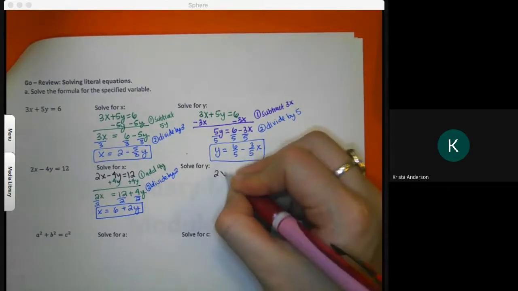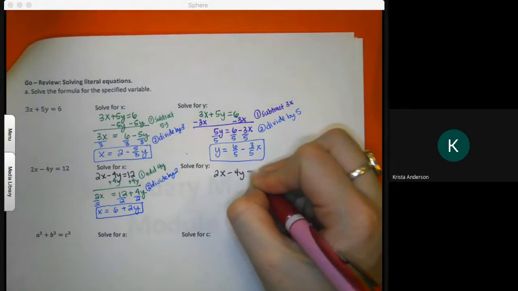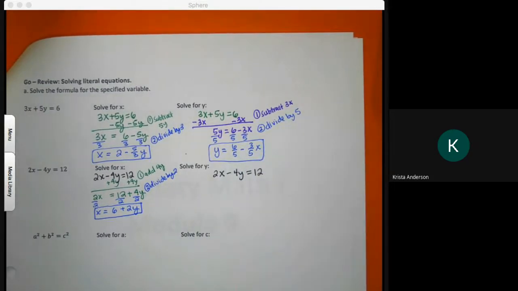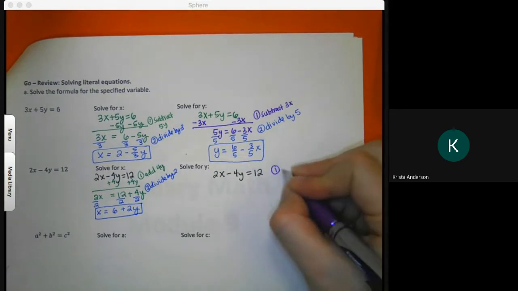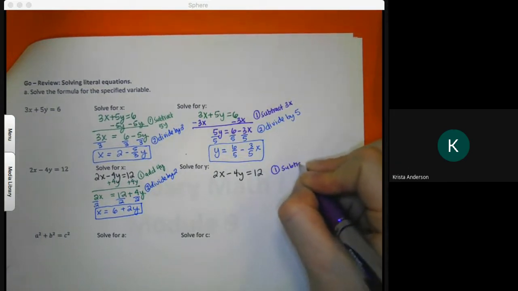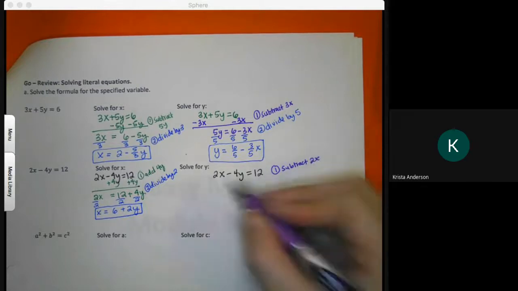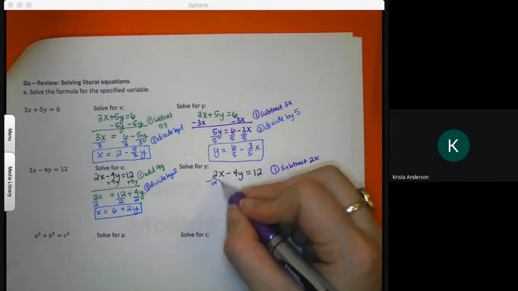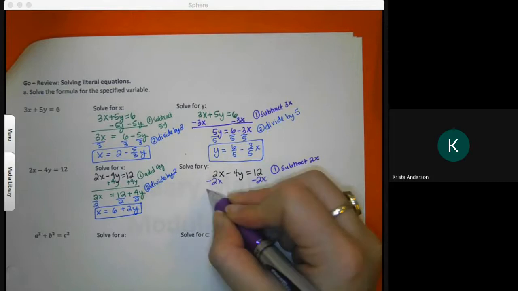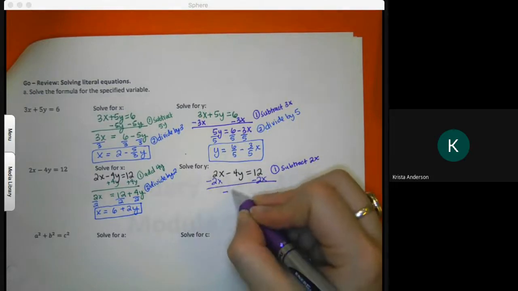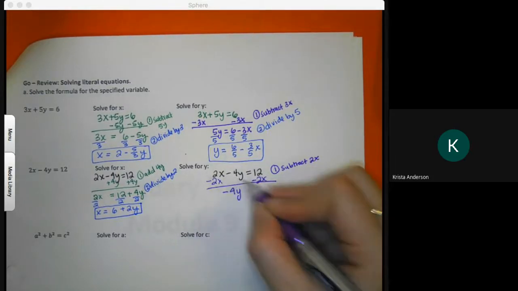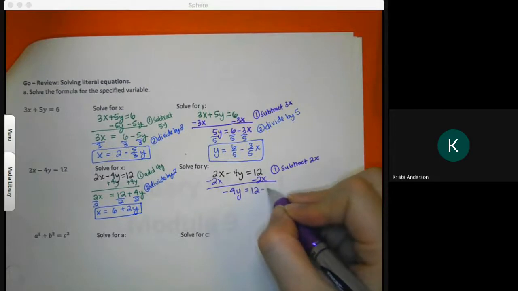Same equation. Wants me to solve for y this time. My first step is I'm going to subtract the 2x. It's a positive 2x, so I will minus it. Negative 4y equals 12 minus 2x.